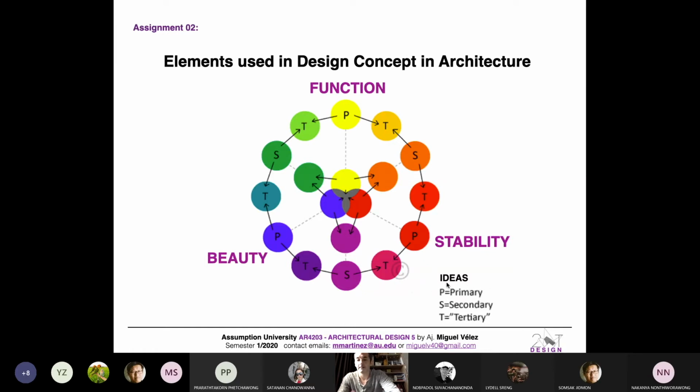Then, based on our research, we have secondary ideas and tertiary ideas. I believe that when Lydell was talking, he was talking more about these secondary and tertiary ideas than the primary one. That makes it difficult to understand what design concept he has.